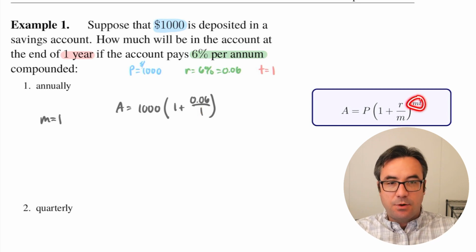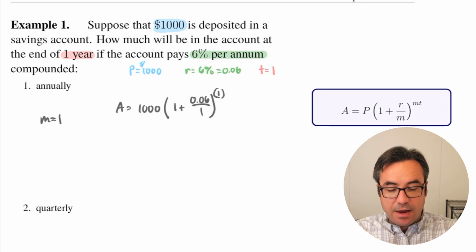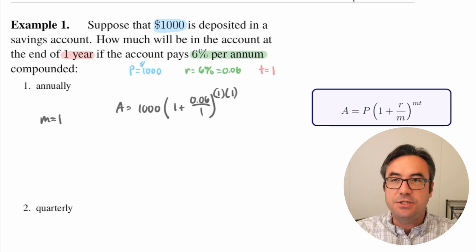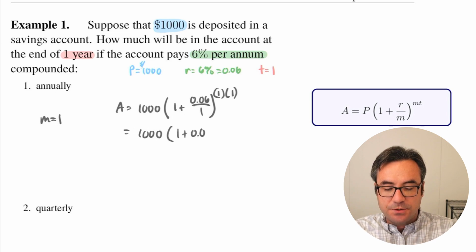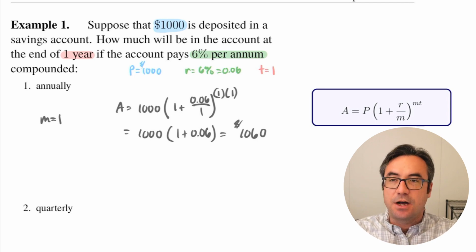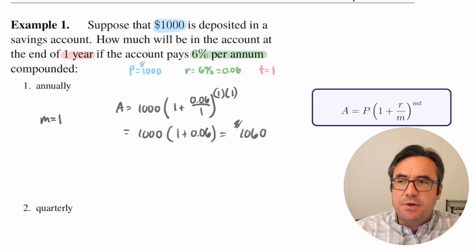And then in the exponent there, we're going to have M times T. So we're going to have our M value, which is 1, and then our t-value, which is 1. And if we do the calculation here, this is what we've already done. So 1,000 times 1 plus 0.06, which is the 1,060 that we saw. So this formula agrees with what we've done before.